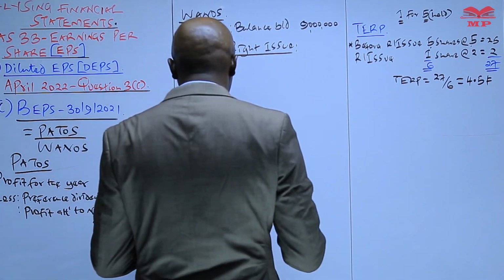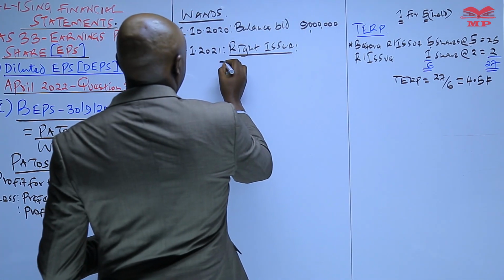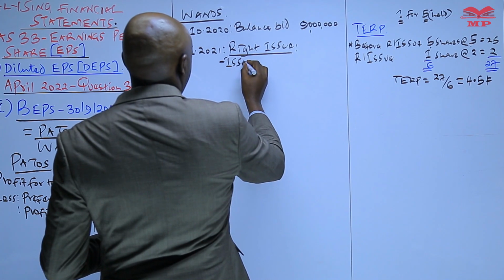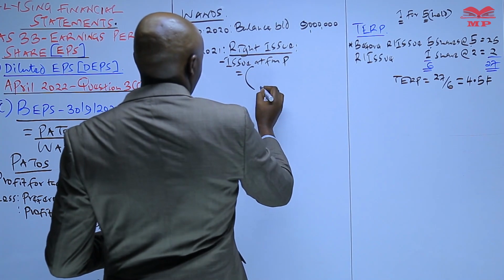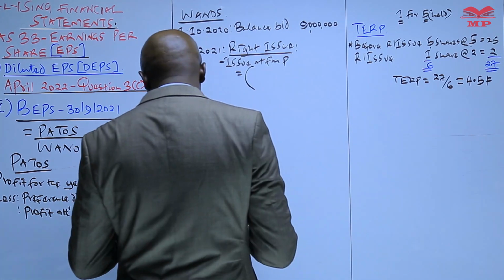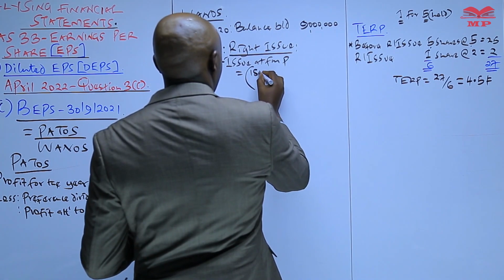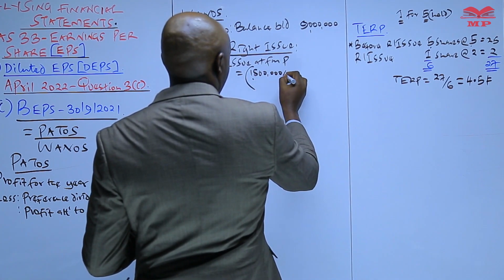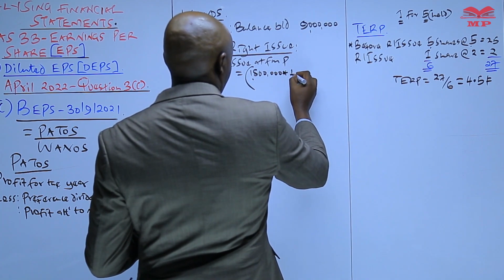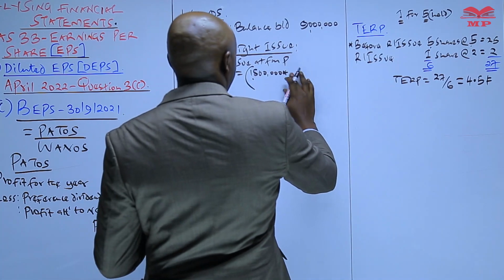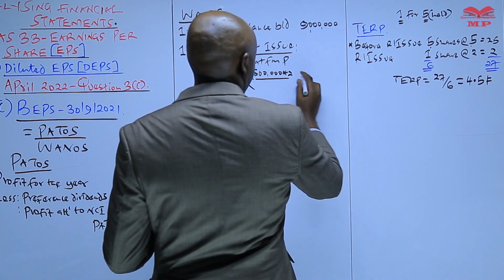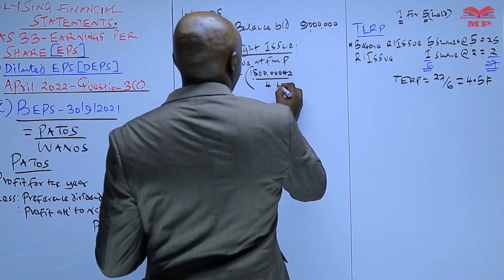So having that, let's come back here. We do our split. We start by determining the issue at full market price, which is equal to the amount received by the company from the right issue, which is equal to the shares issued 1.8 times the issue price. The shares were to be issued at a price of 2 shillings per share. Then divide that with the theoretical ex-right price 4.5.